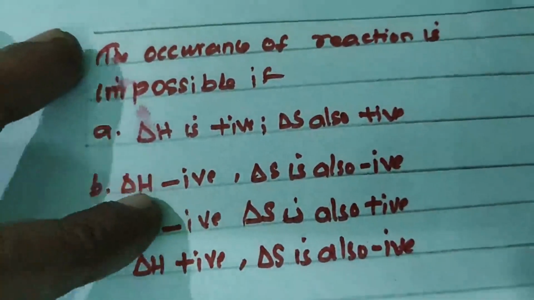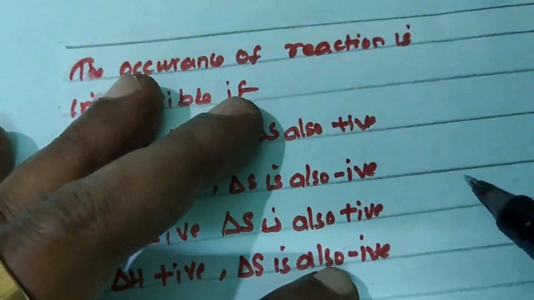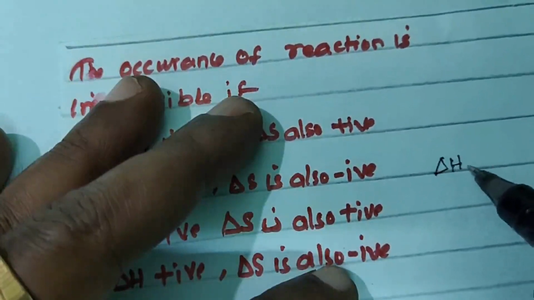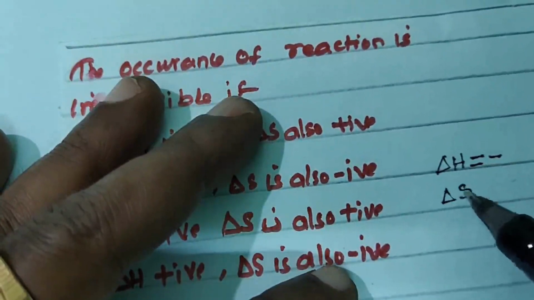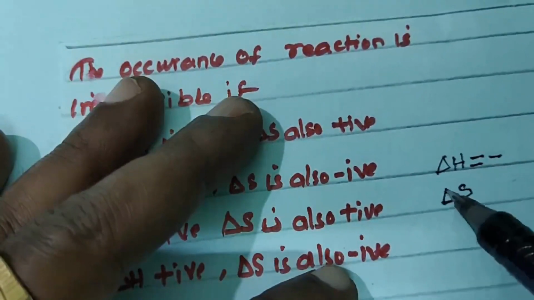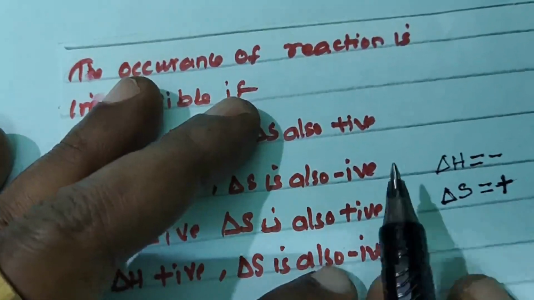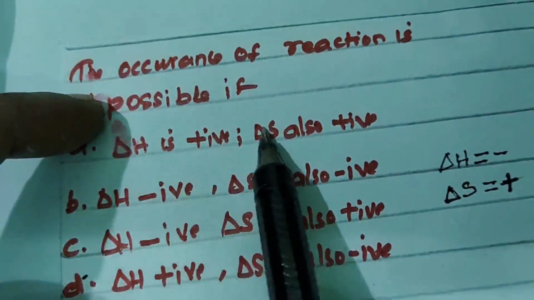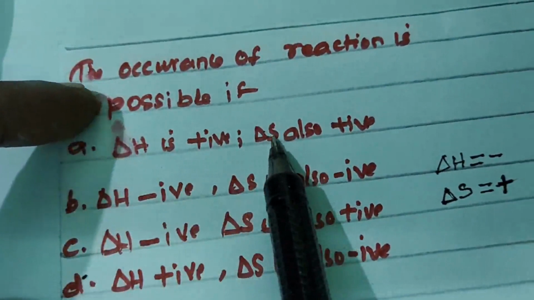So here the condition is minimum. There are two conditions. Delta H negative is the important condition, and delta S positive. If both conditions are favored, then the reaction is spontaneous. At least one condition should be satisfied. First, delta H positive, delta S positive: one condition is satisfied.